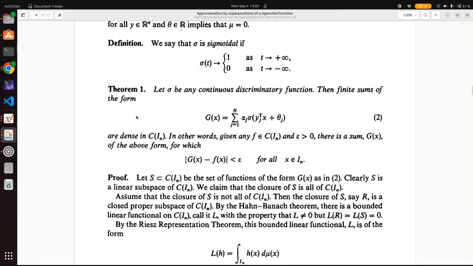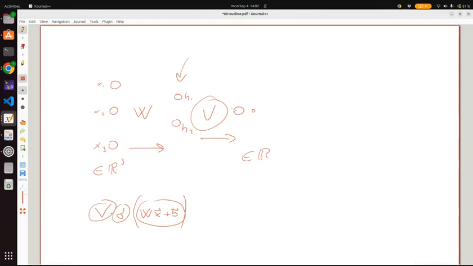So can you understand what this theorem is stating? It's saying that if you have to approximate any continuous function on the hypercube, then you can find a neural network with just 2 layers and a sufficiently large number of units, because this capital N here is the number of units you have inside.